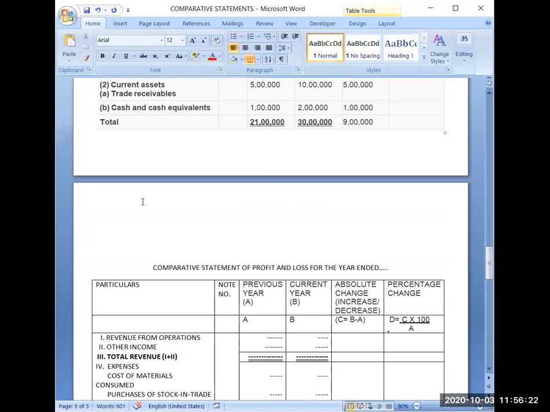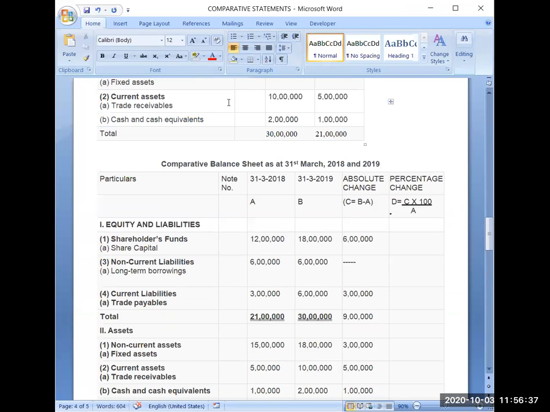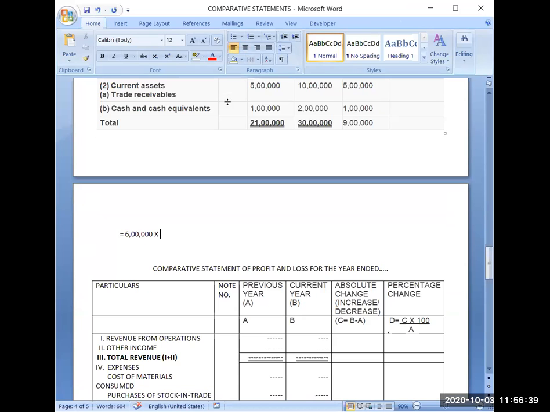I should show it here. Just a minute. It will be equal to 6 lakh multiplied by 100 upon 12 lakh.